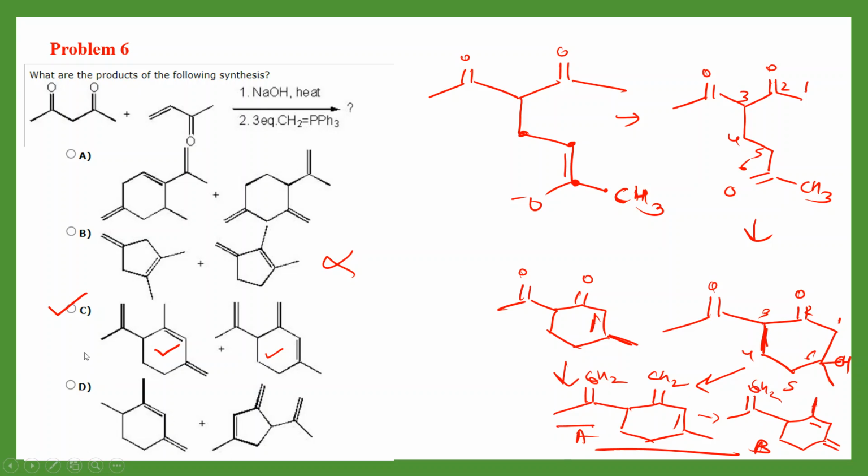Therefore, option C is more appropriate. And another thing is there is no possibility for formation of a five-member ring, because if you form from this side also, you will get 1, 2, 3, 4, 5, 6. So on both sides you will get a six-member ring only. So I hope I am clear to all.